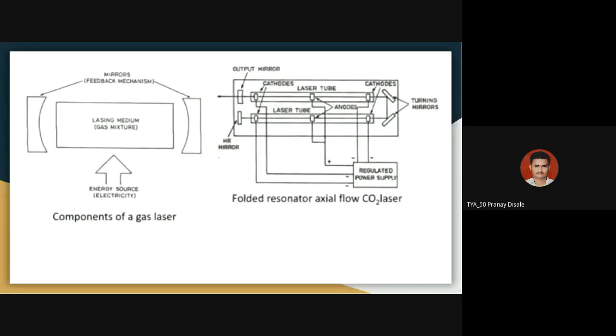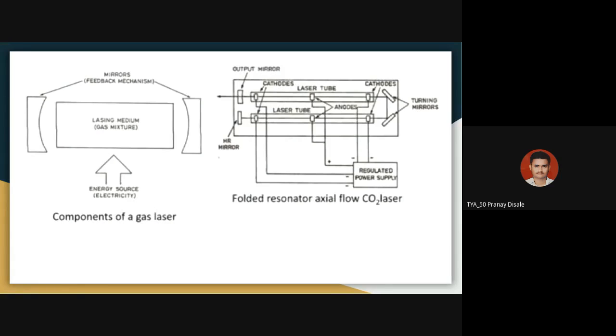So that stimulation of the atom in that lasing medium will occur, to a higher level. Because of the feedback I have provided, that feedback mechanism will help the photons which are coming outside to be redirected into the lasing medium.